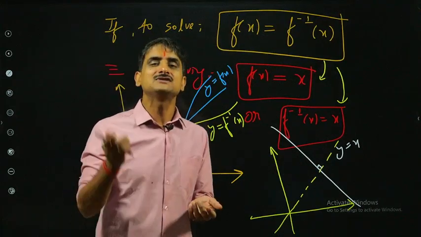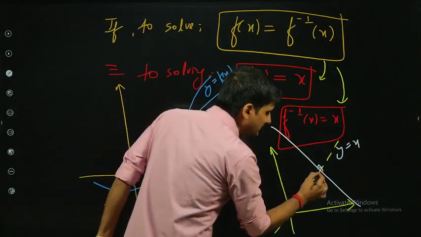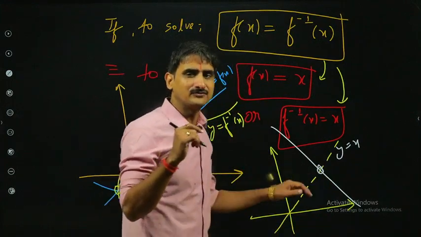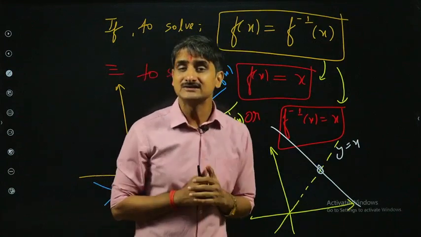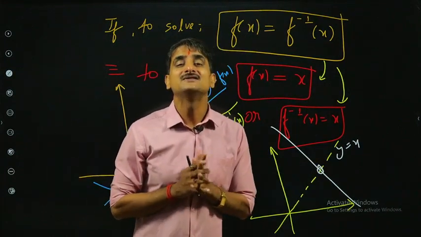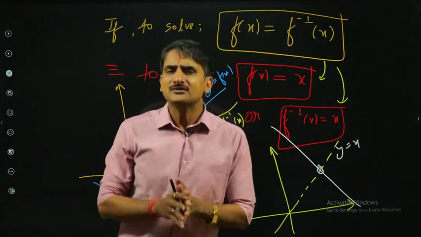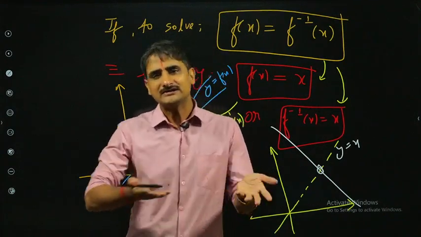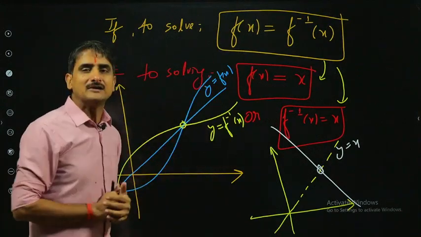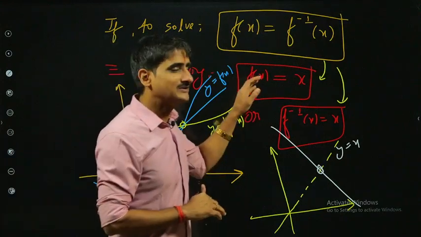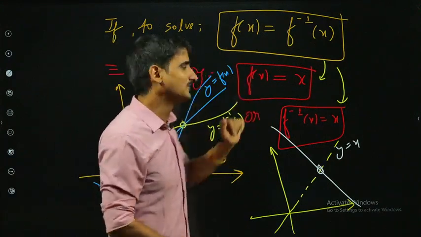You have infinite solutions, whereas the object meets the mirror only at one point. So if you solve f(x) with x, you will get only one solution, whereas f(x) is equal to f inverse x has infinitely many solutions. So it has exceptions, but exceptions are exceptions only. We need to remember the general statement, which is quite useful.